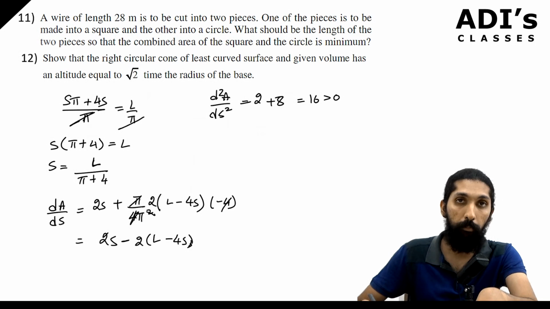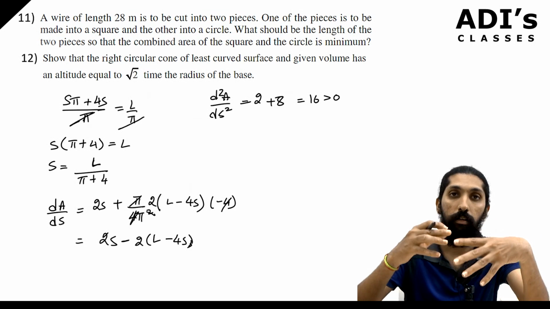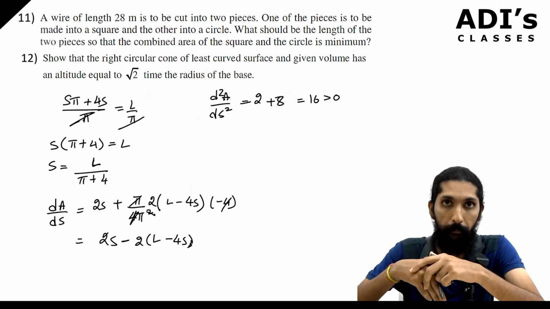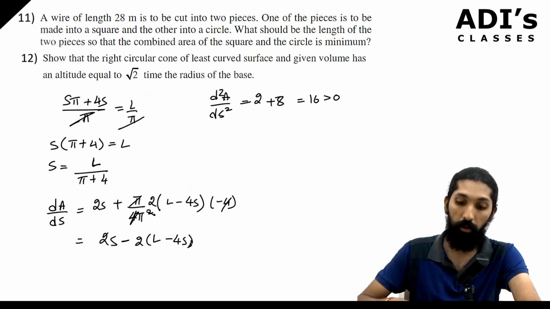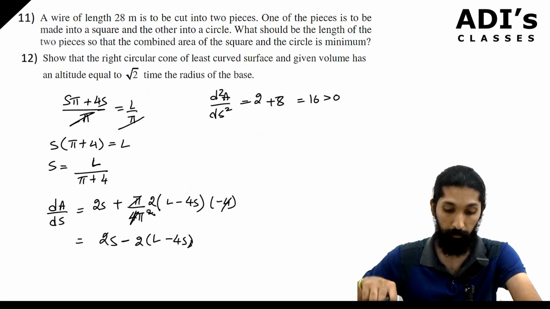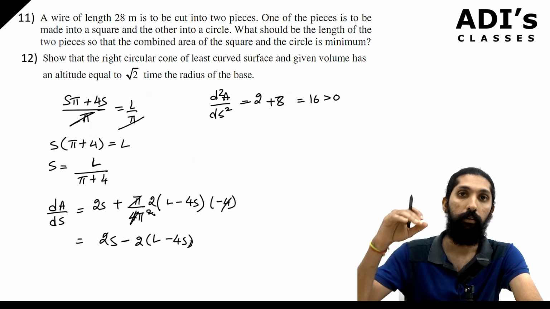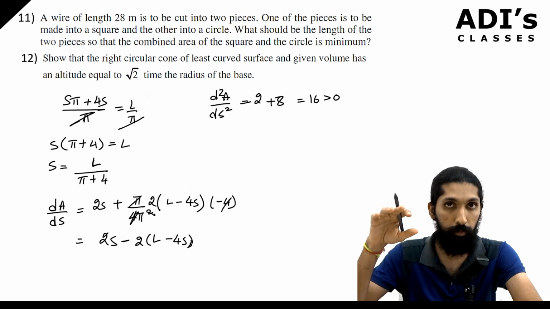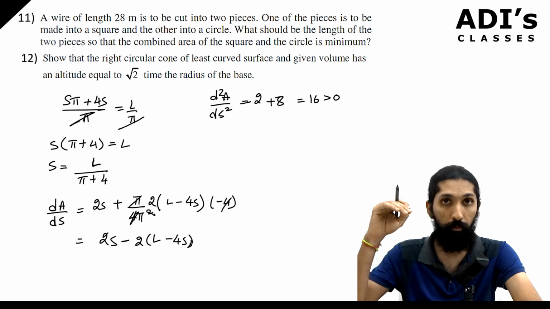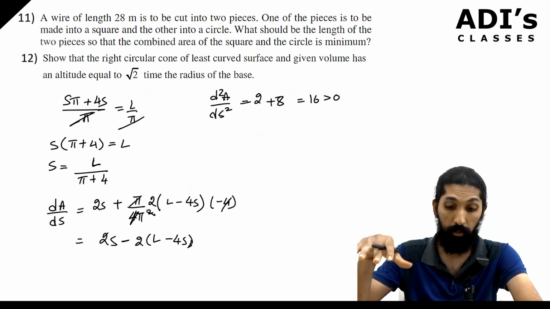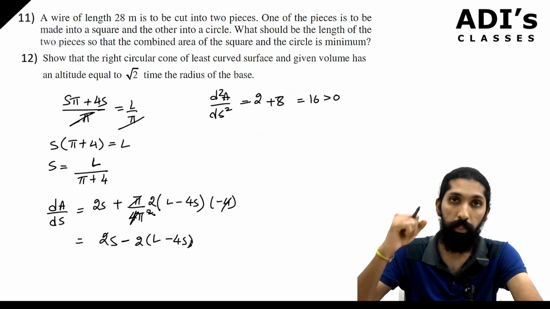We are getting the second derivative to be greater than 0. Since the second order derivative is greater than 0, what can we conclude from this? We can conclude that for the value of S we have got, the area of the square and the circle combined together will be minimum.